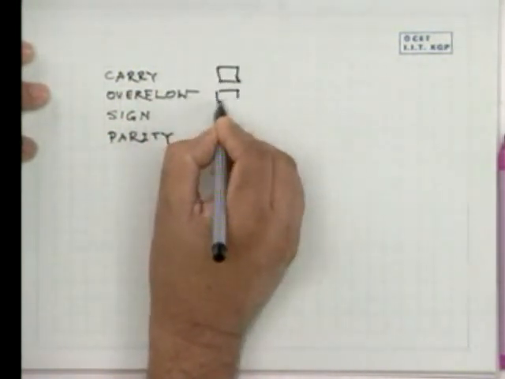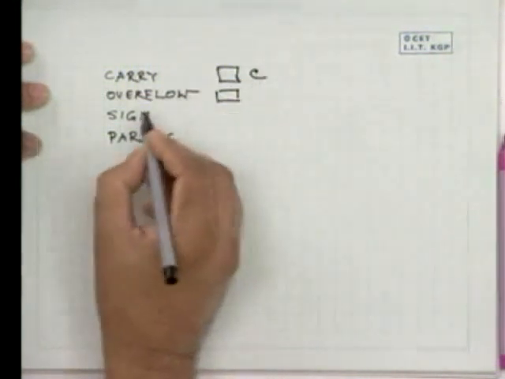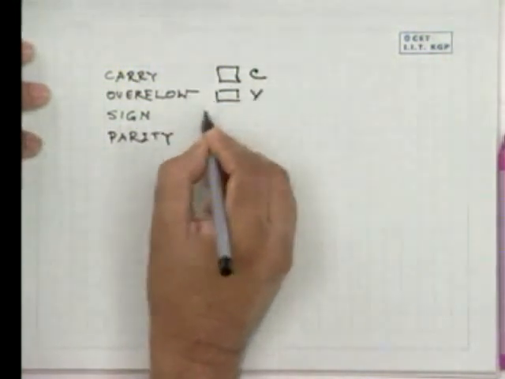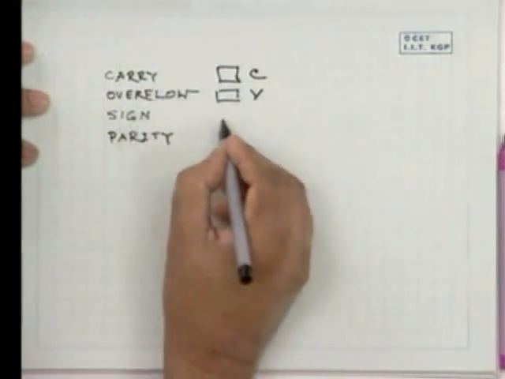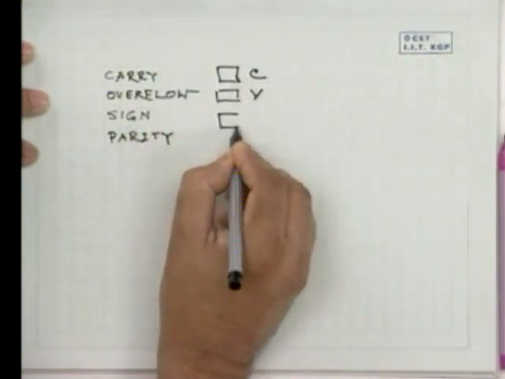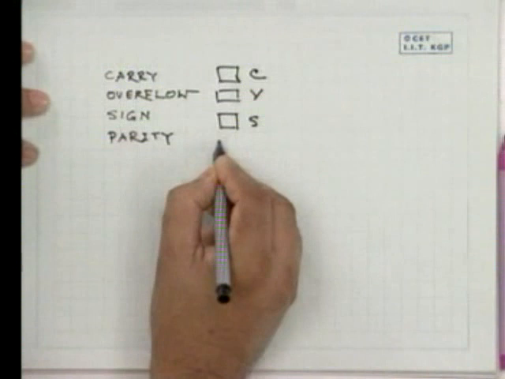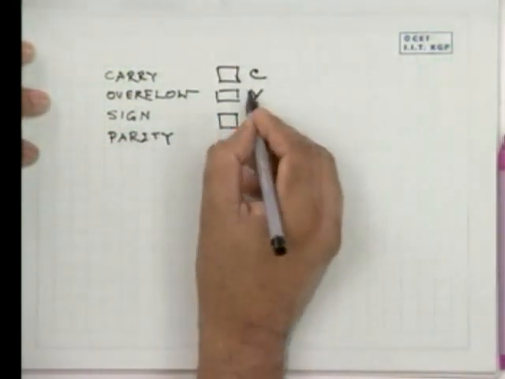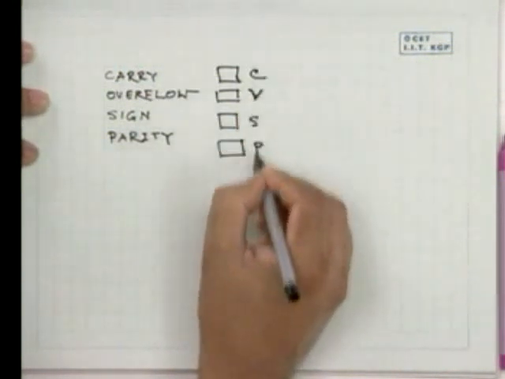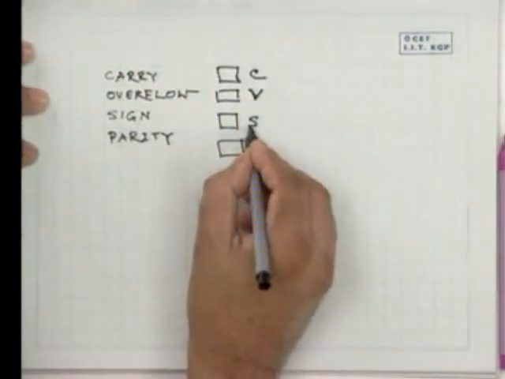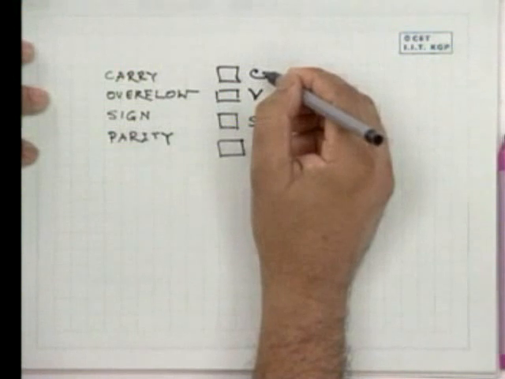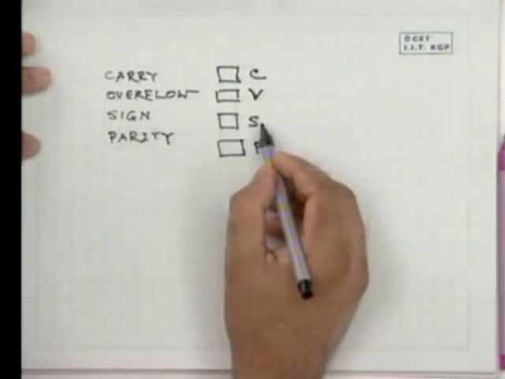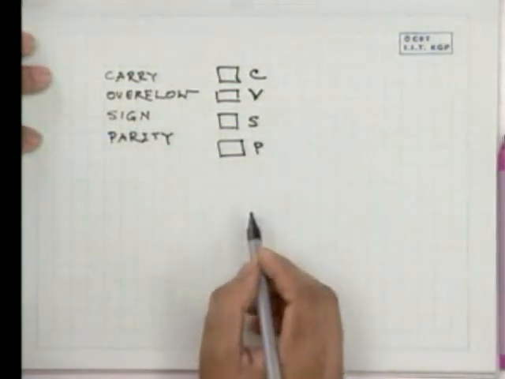You can say this is generally known as C. This is called V, the overflow flag. This is the sign flag, and this is the parity flag. These are the abbreviations generally used. This is carry, this is overflow, this is sign, and this is parity.